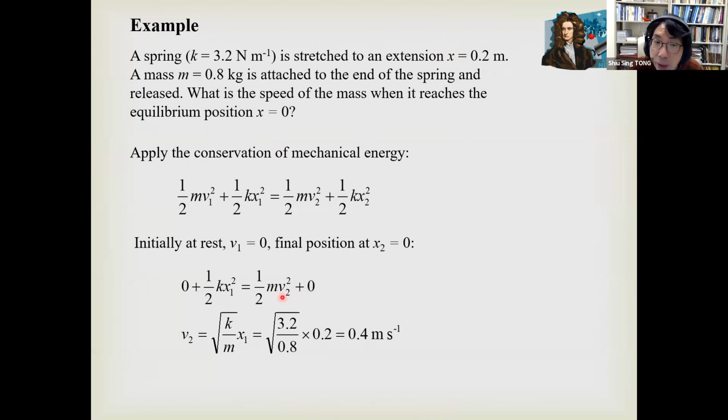The final kinetic energy is half m v2 squared. So that is just conservation of energy, and I can solve for v2. v2 is the square root of k over m, times x1. I substitute the numbers and I get 0.4 meter per second. So that is a simple example of the application of conservation of mechanical energy.